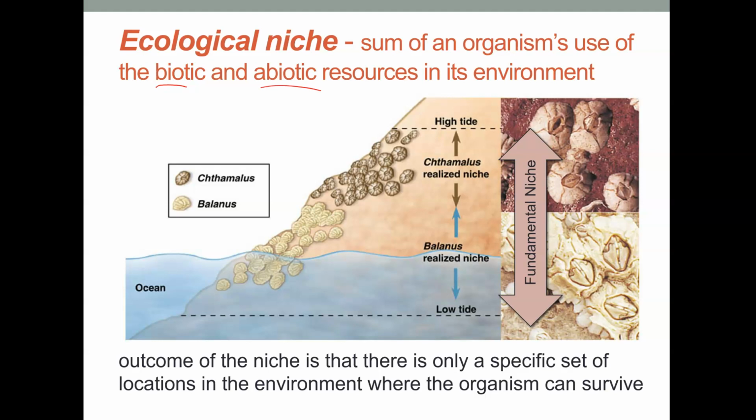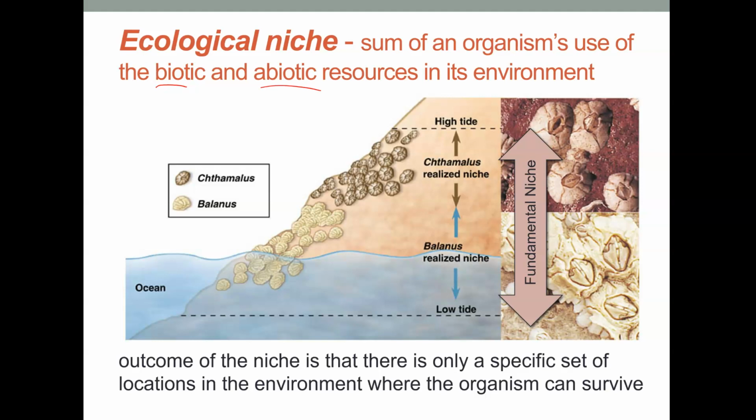What about abiotic resources? Well, remember that water is not alive. Water is an inorganic substance, right? It's H2O. So how does water influence barnacles? Well, water holds the food that barnacles eat, and so barnacles need to be underwater, ideally all the time. Barnacles prefer to be underwater as opposed to out of water.